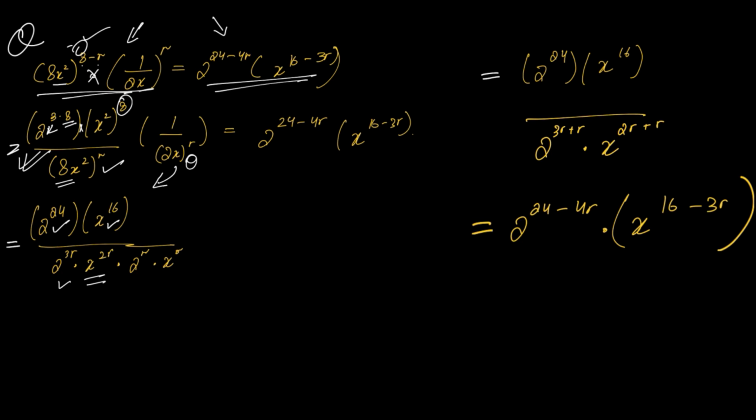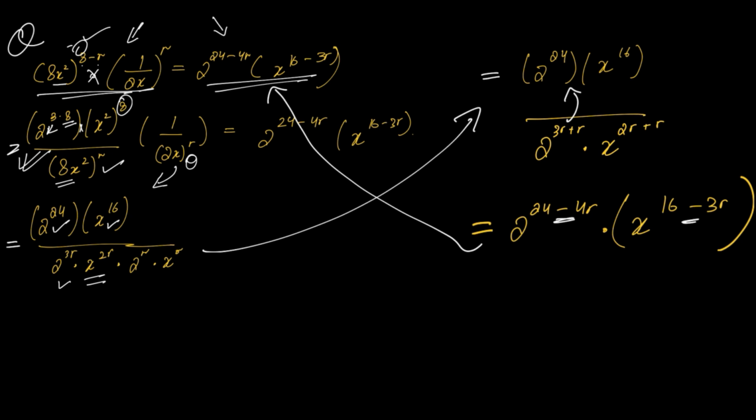Okay, so when we simplify this, we get 2 to the power 24 into x to the power 16 upon 2 to the power 4r and x to the power 3r. And now that we bring it up, because it's dividing, we put a negative sign in the power, and this gives us the original equation, and we can prove that this side of the equation is equal to this side of the equation.